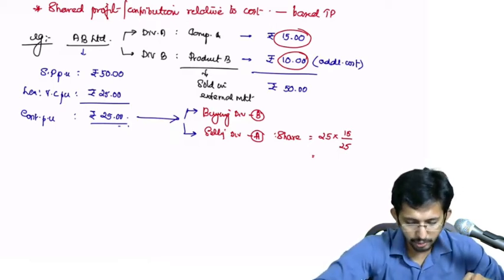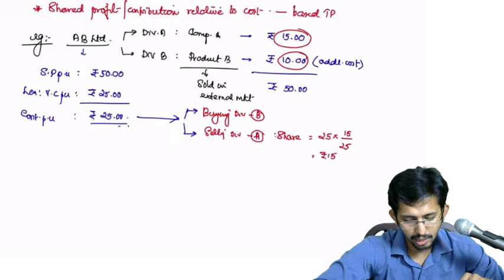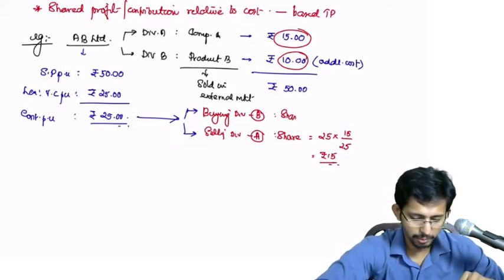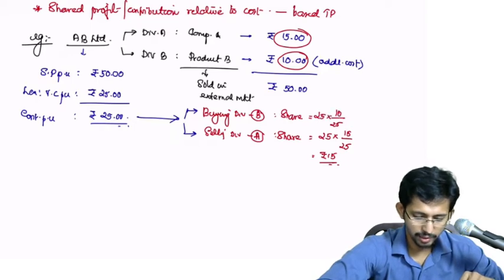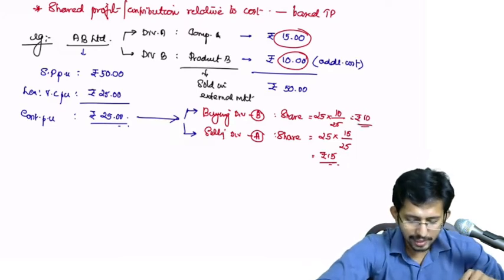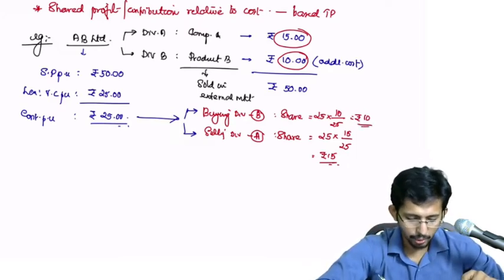So 15 rupees will be charged here. And for division B, the share will be 25 into 10 by 25, that is equal to rupees 10. So this is the share of contribution allocable to division A and division B.